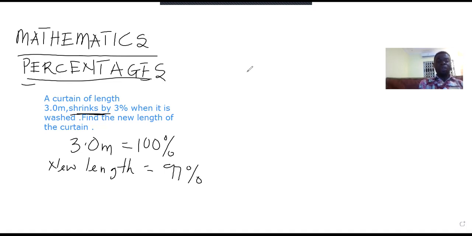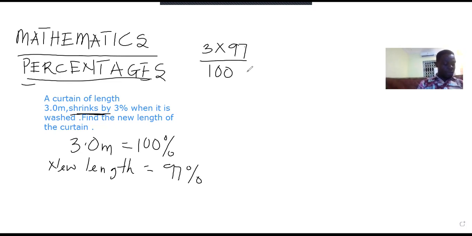So the new length will give us less, and if less, more divides. We're comparing 97% to 100%. 97% will give us less, so we divide by 100%. So the new length should be 3 times 97 divided by 100.